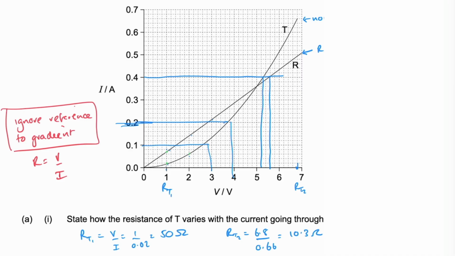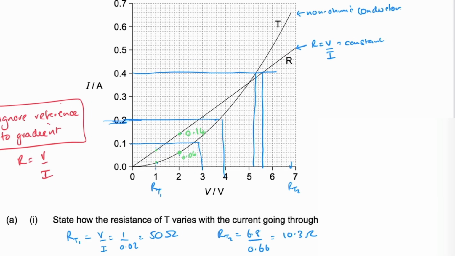The current here is 0.06, and the current here is 0.14. Oh, wait a minute, if you add 0.14 plus 0.06, that actually gives us 0.2. Okay, so at that point, both currents add to 0.2 and our voltage is 2.